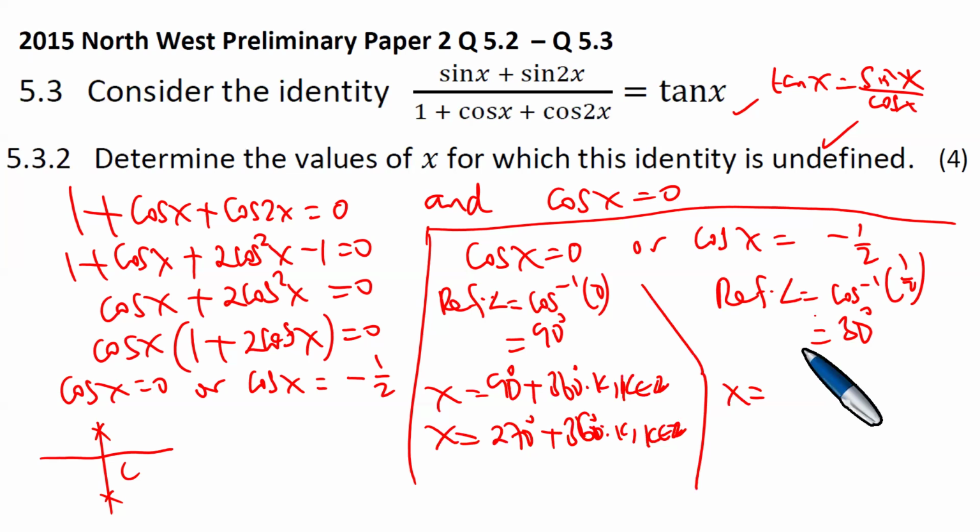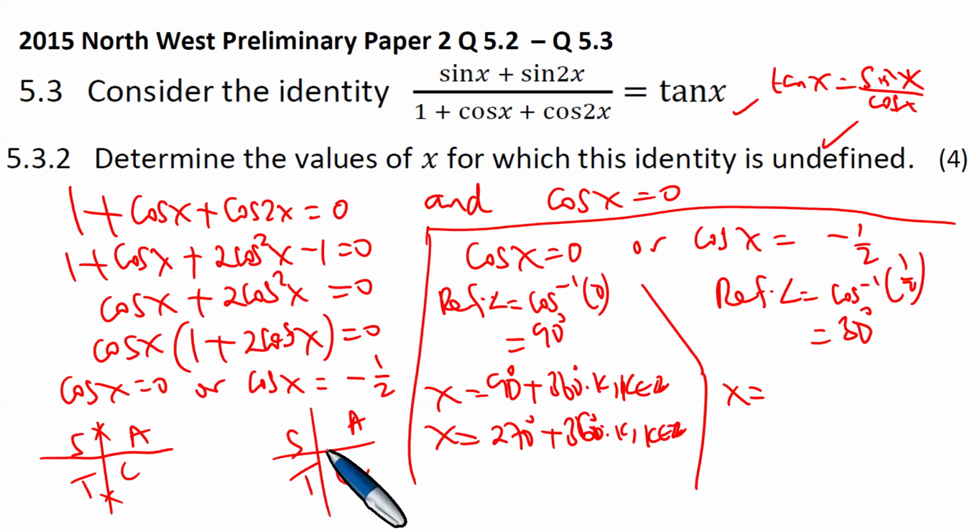What about this one? 30 degrees, cosine negative, CAST rule. I want to write the word CAST here. When is cosine negative? It is negative in the third, but also negative in the second quadrant.